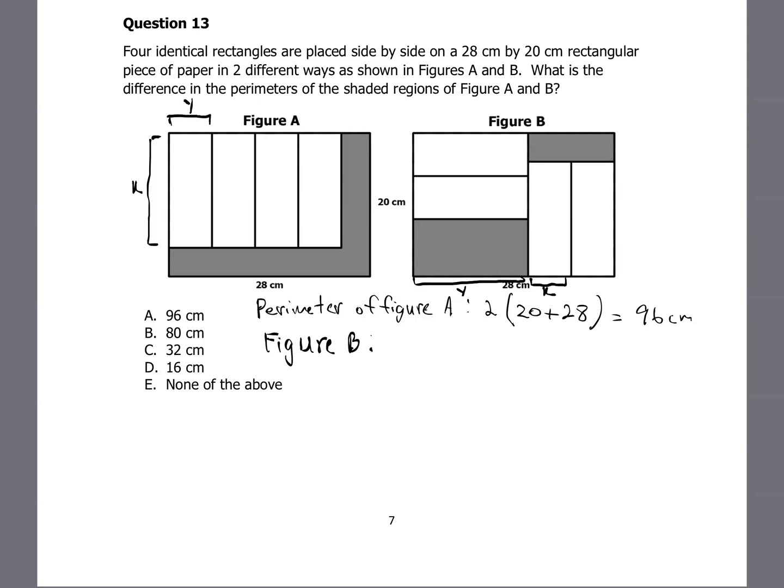So the length of figure B will be x plus 2y equal to 28. And now we'll find the perimeter of the shaded region of figure B.